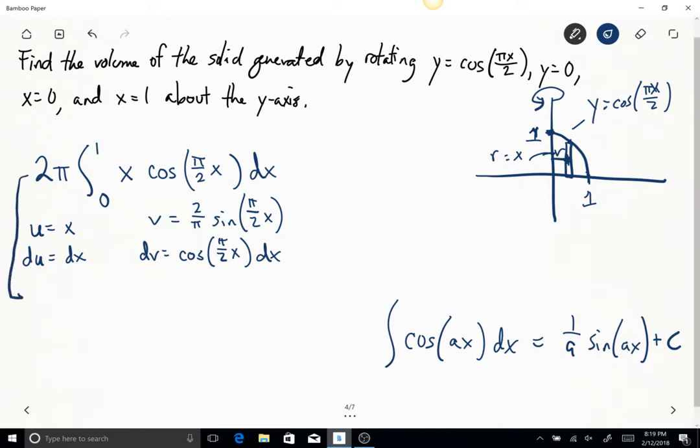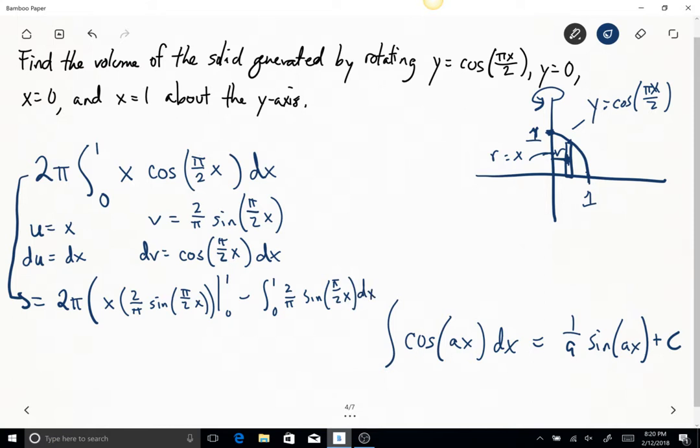So this integral becomes 2 pi times, now it goes u times v, so we've got x times 2 over pi sine of pi over 2 times x, and then we're going to be evaluating that at 0 and 1, and then minus the integral of, and it goes v du, so we'll still have the same bounds, 0 and 1, and then we have 2 over pi sine of pi over 2x dx, and that will close off right there.